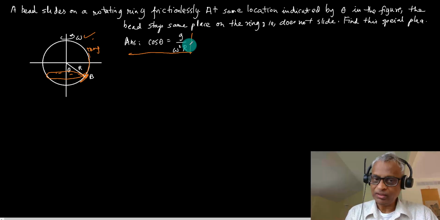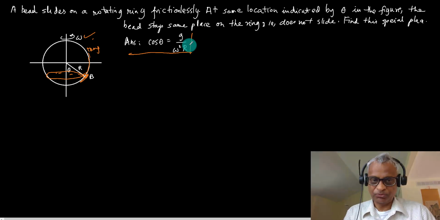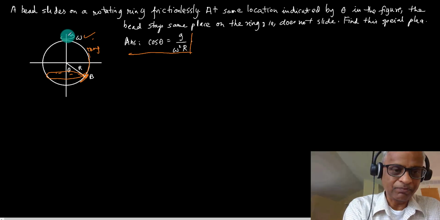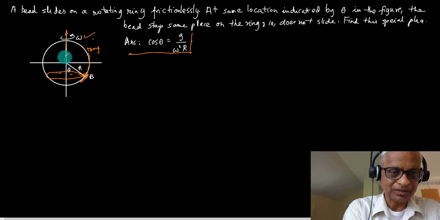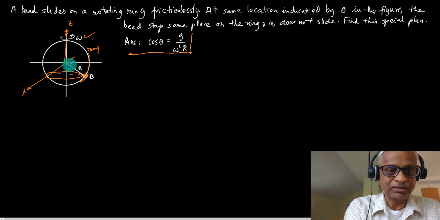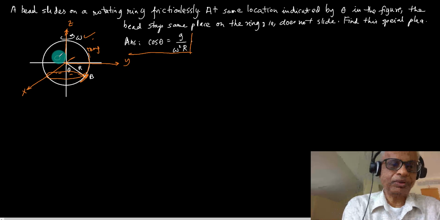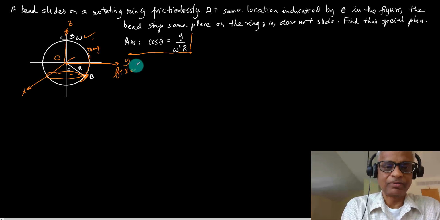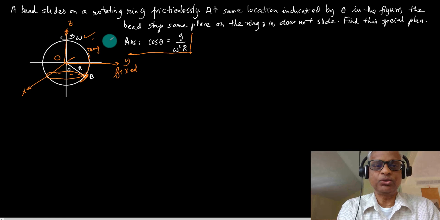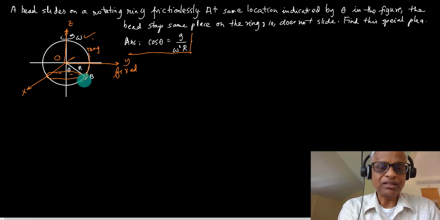We can look at it from an inertial perspective. So in the inertial frame, this is the z-axis, this is the x-axis, and this is the y-axis, and this is a fixed axis. It's not rotating, and the ring is rotating with respect to that. At some instant, the vertical angle with respect to the z-axis is theta.